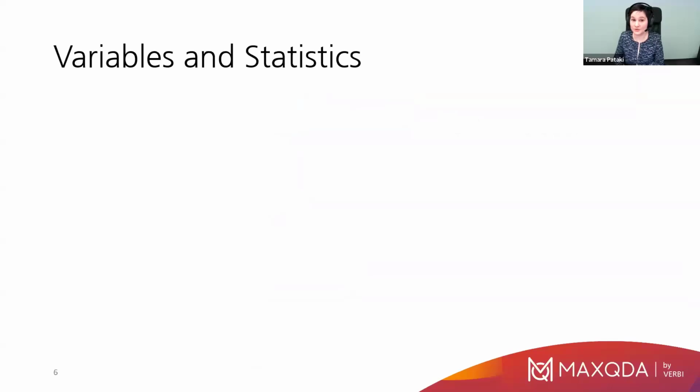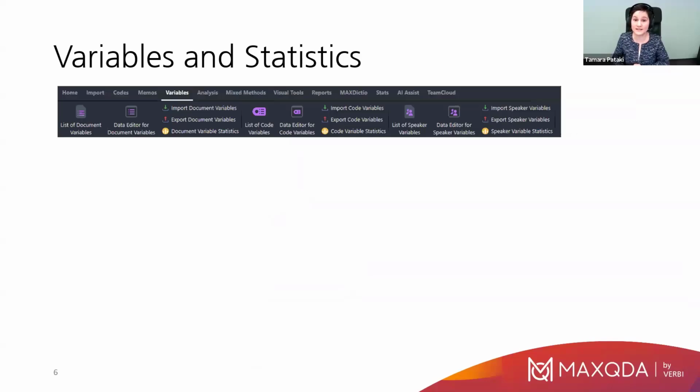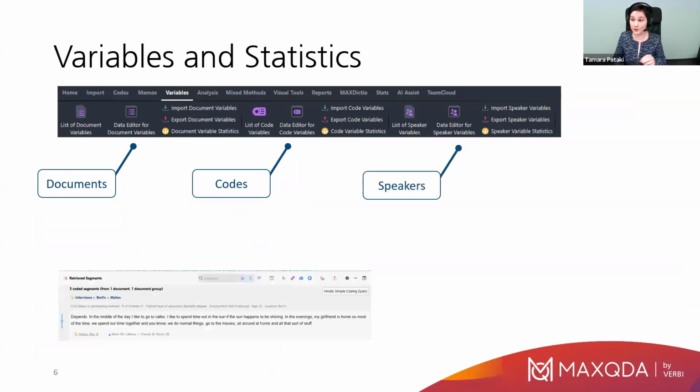Maxqda also allows you to work with variables and statistics. So you can use coding for your qualitative data, and you can use the variables for your quantitative data. You can work with variables for your documents, for your codes, and for your speakers as well. As I showed you, this is always linked.